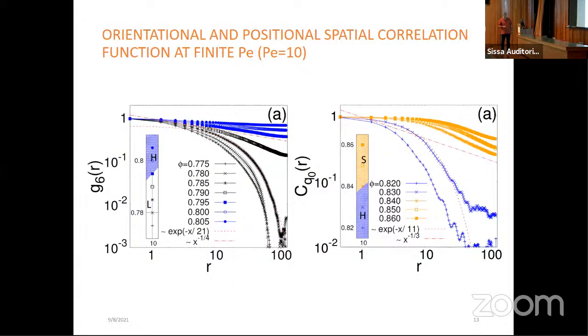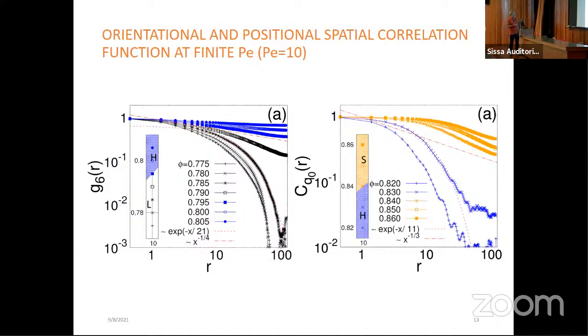The other important ingredient that we used in our simulation was the behavior of the correlation function. For example, let's comment just on the right picture here. This is the behavior at, I think, Peclet 10.